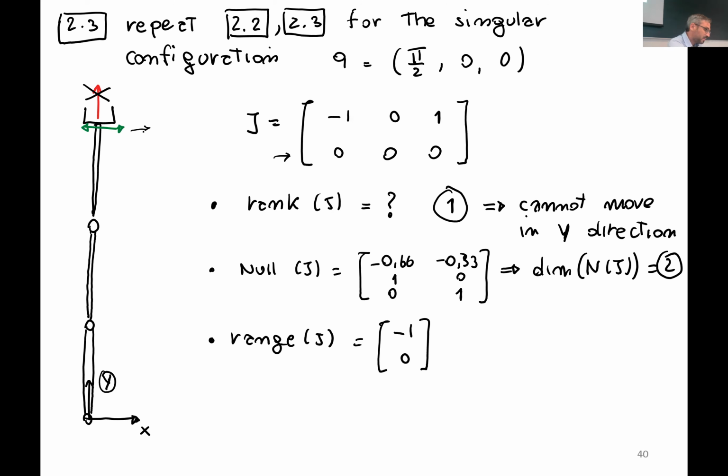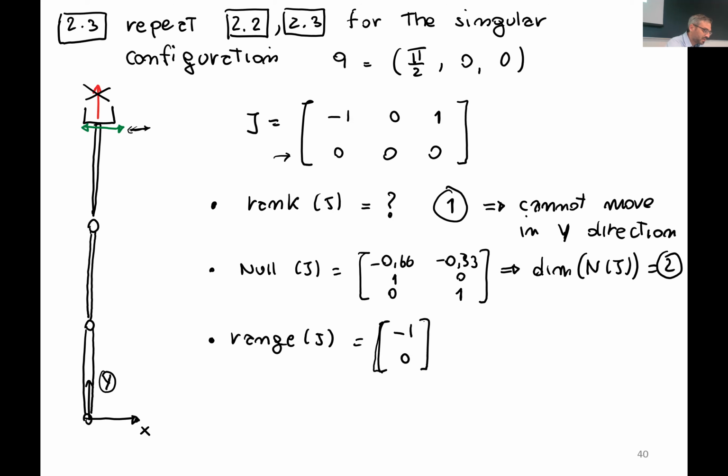While the range space, the green one, is one-dimensional because it is equal to the rank of the matrix, and this is one basis of the range space.